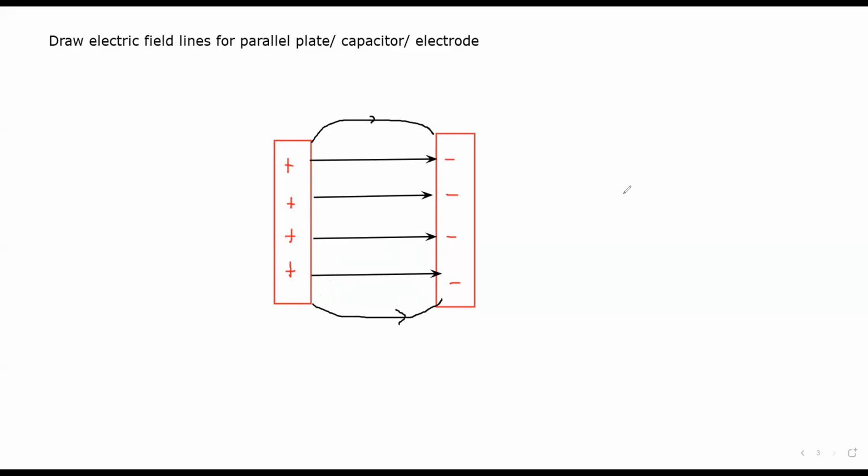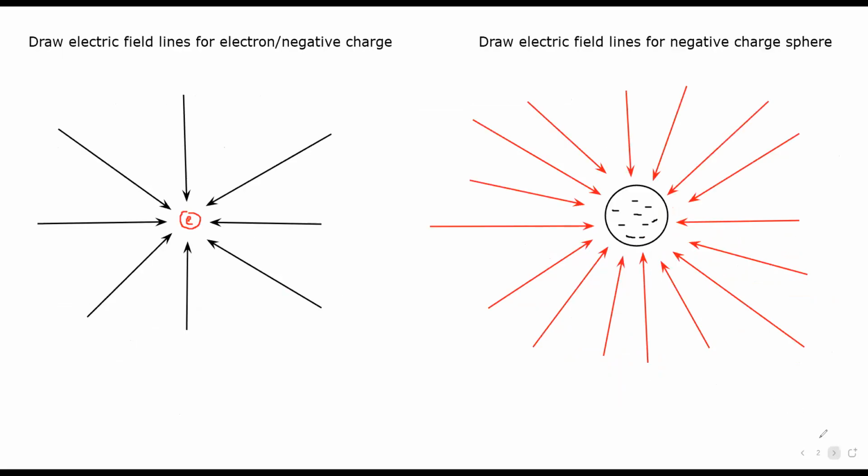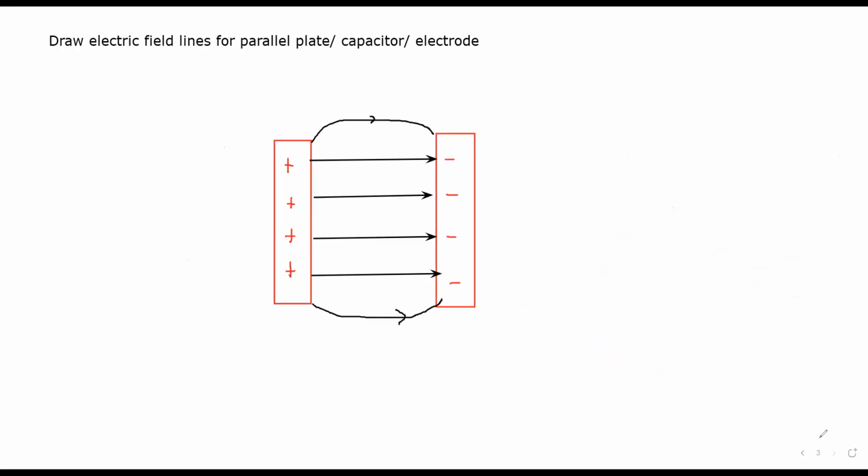These are the cases which you will find: for a test positive charge or a charged sphere, a test negative charge or electron or a charged sphere, and parallel plates. This is the third one.